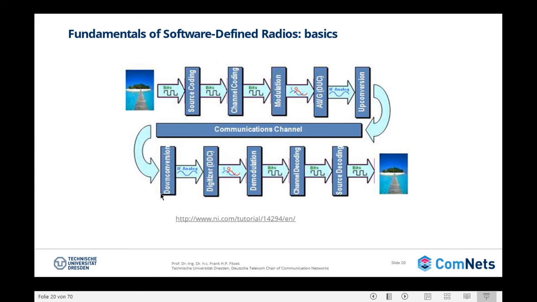Then we down convert the analog signal back into bits until we obtain our image back at the receiver. Let's go into the details about these transmissions and reception of data.